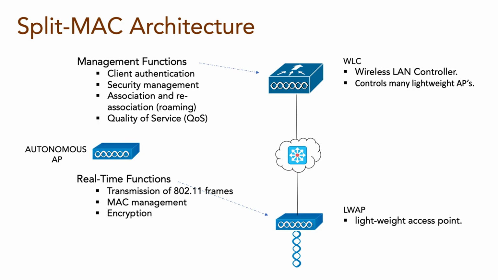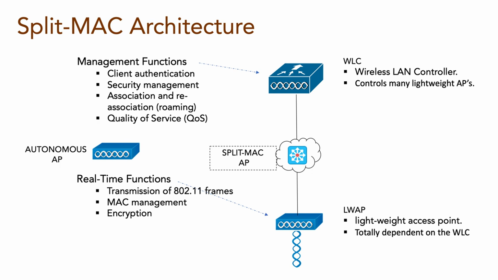In this type of architecture, the AP is totally dependent on the WLC for every other WLAN function. The lightweight AP and WLC division of labor is known as a split MAC architecture.